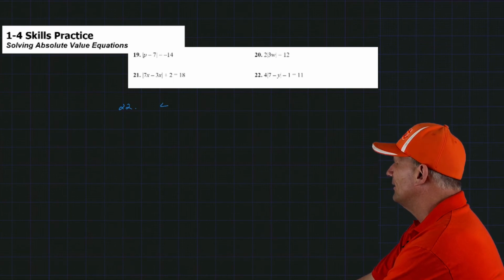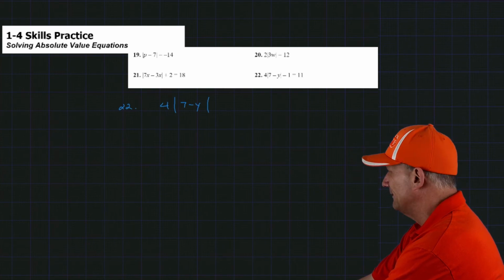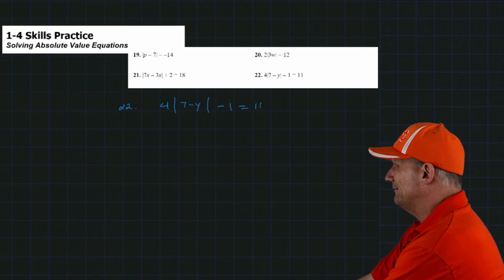All right, so here we go. Number 22. Right away, you should pick up on the fact that the 4 is outside the absolute value brackets. And on the right side, so is the minus 1 equals 11.